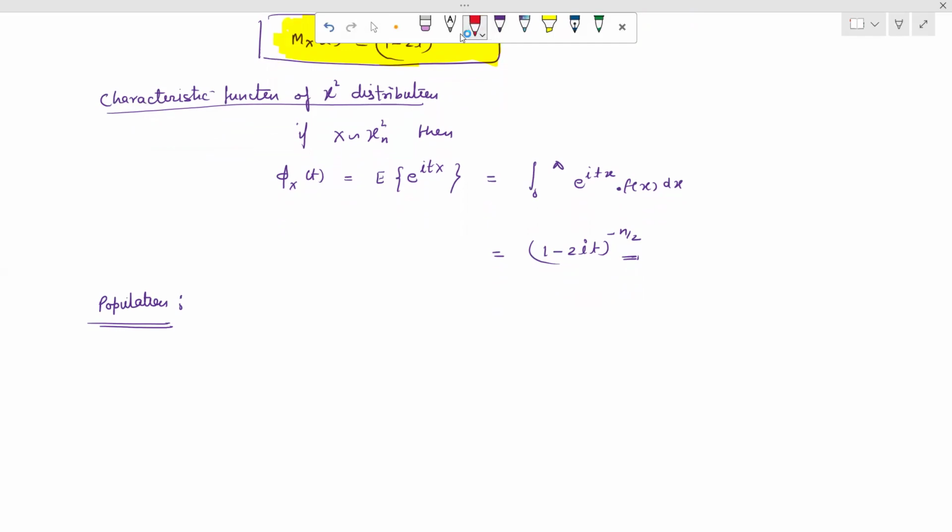So one word is population, or the second word is universe. That means the whole group of individuals. So we define this as: the group of individuals under study is called population.